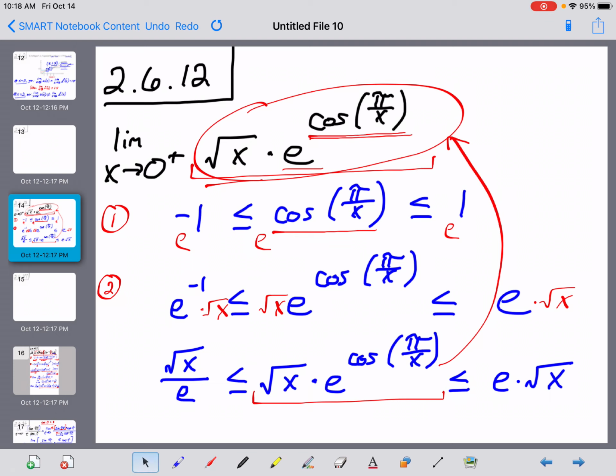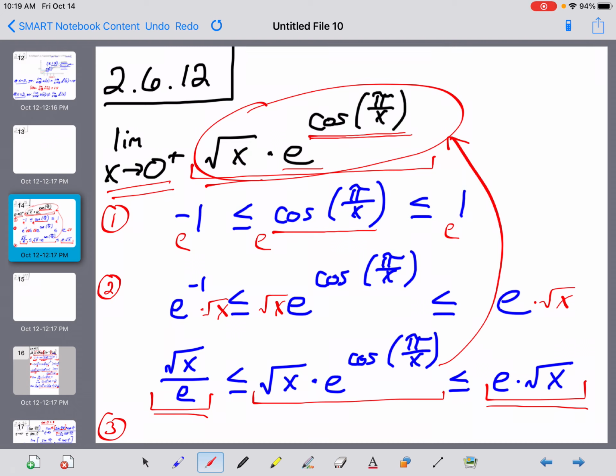Now, in step 3, this is the moment when everything comes together here, guys. The squeeze theorem only works if your lower limiting function right here and your upper limiting function right here have the same limit as x is approaching this value right here. Well, I think you can see pretty quickly that in either one of those cases, if we let x actually become 0, here we're going to get 0 over e, which is 0, and over here on the right, we're going to get e times 0, which is going to be 0 as well.